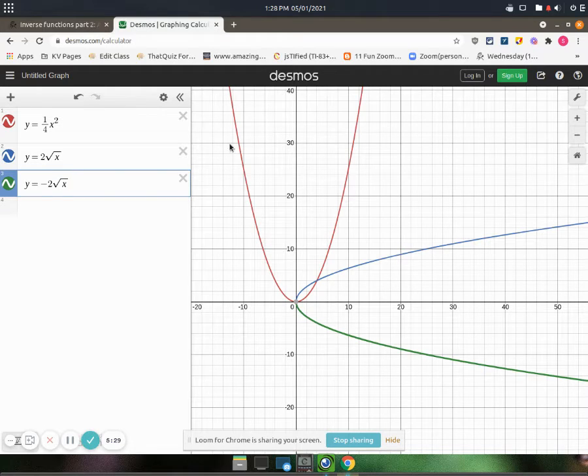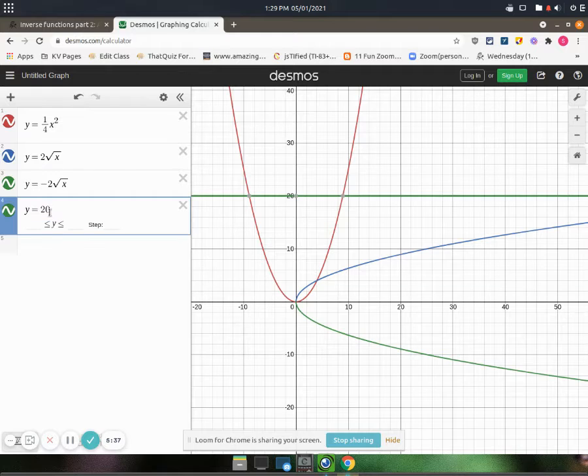They will ask you, given this graph, can you tell whether the inverse is going to be a function? Well, since this thing fails the horizontal line test, that means that its inverse is going to fail the vertical line test. So that's the way you tell whether or not the inverse is a function: you see if it passes the horizontal line test.